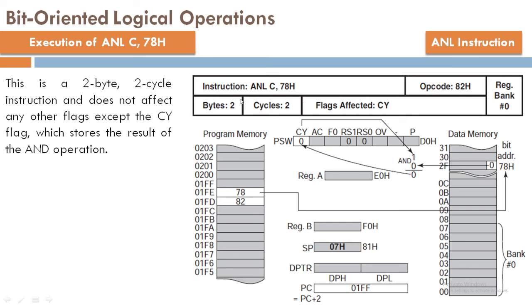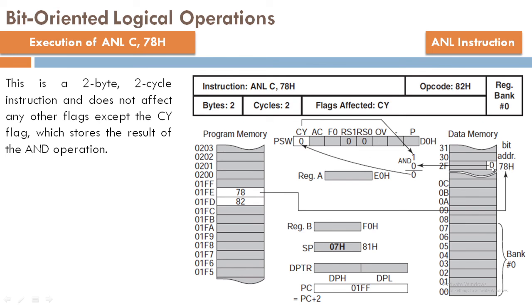What does this mean? The operation code of ANL C is 82, and 78 is again the bit address location. What it will do is AND the content of the carry flag with the content at 78, that is the bit address content.